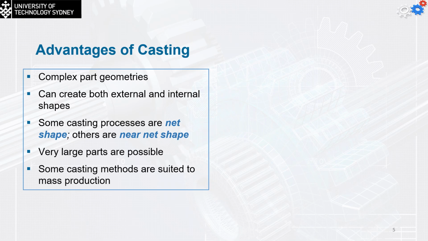Near net shape means it will require a certain amount of machining to get the final shape. Also, very large parts are possible. Just remember that we have something as big as the crankshaft or the engine block of a ship. Just imagine how big it is. It's all going to be done by casting. And also some casting methods are suited for mass production.